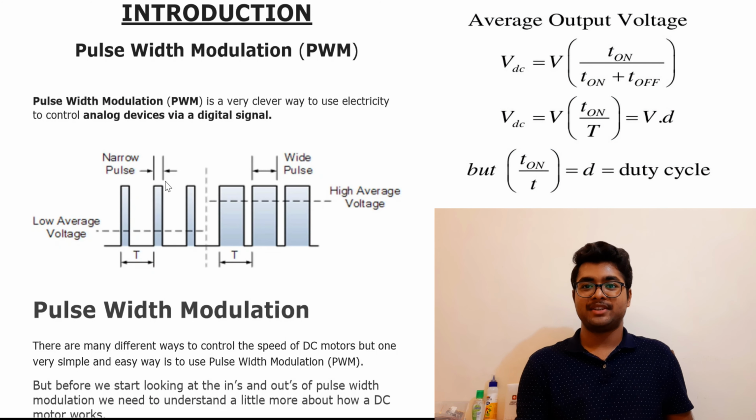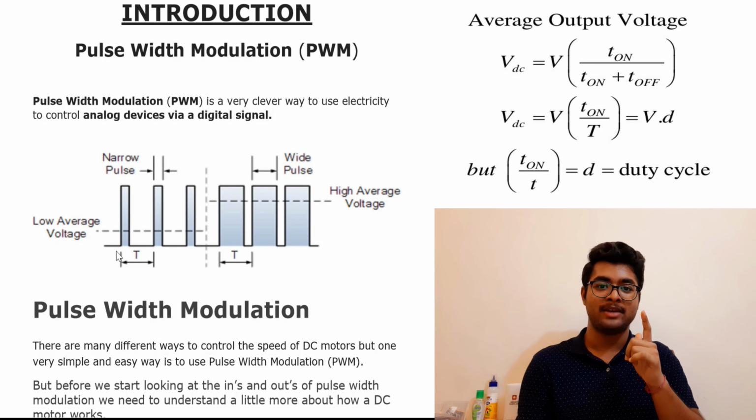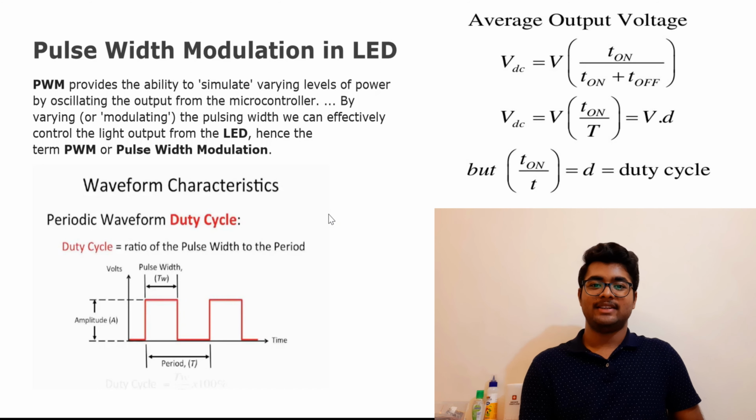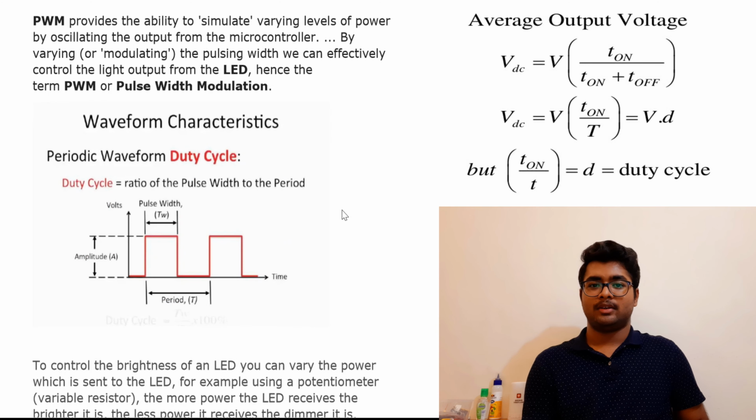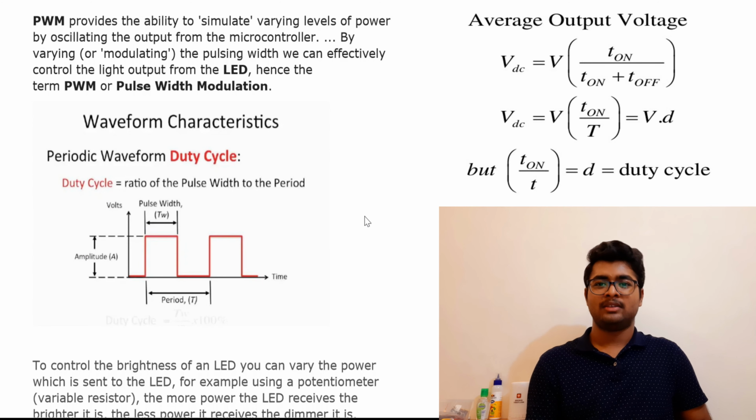Now to measure the width of these pulses and thereby the average voltage, we introduce a new variable. The term we have introduced to measure the width of the pulses is known as duty cycle. Now what is this duty cycle? The duty cycle is the ratio of pulse width to the period.